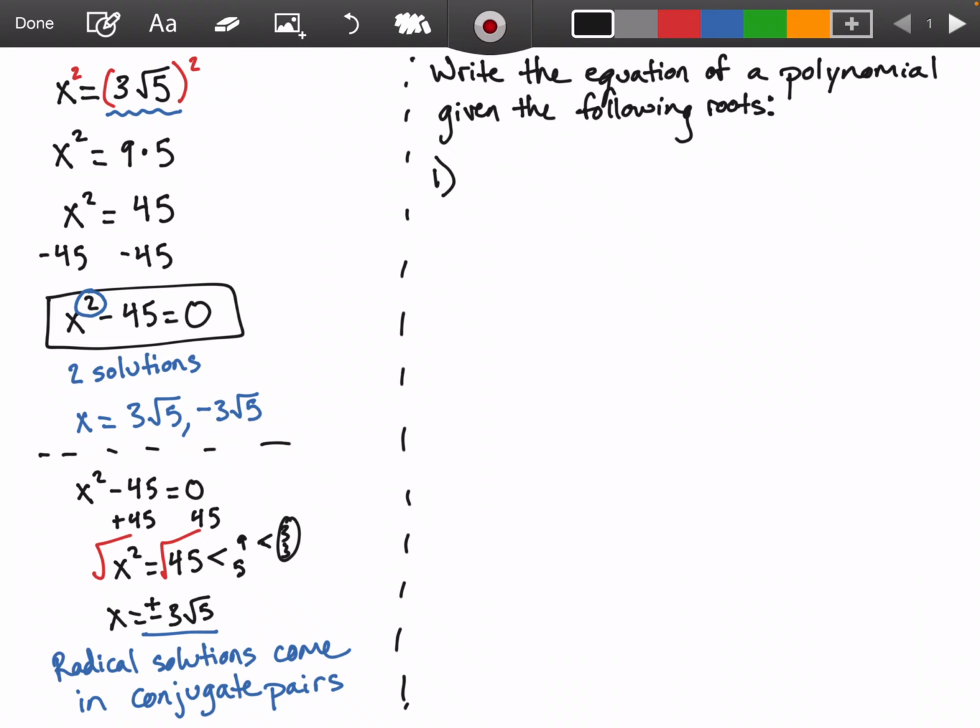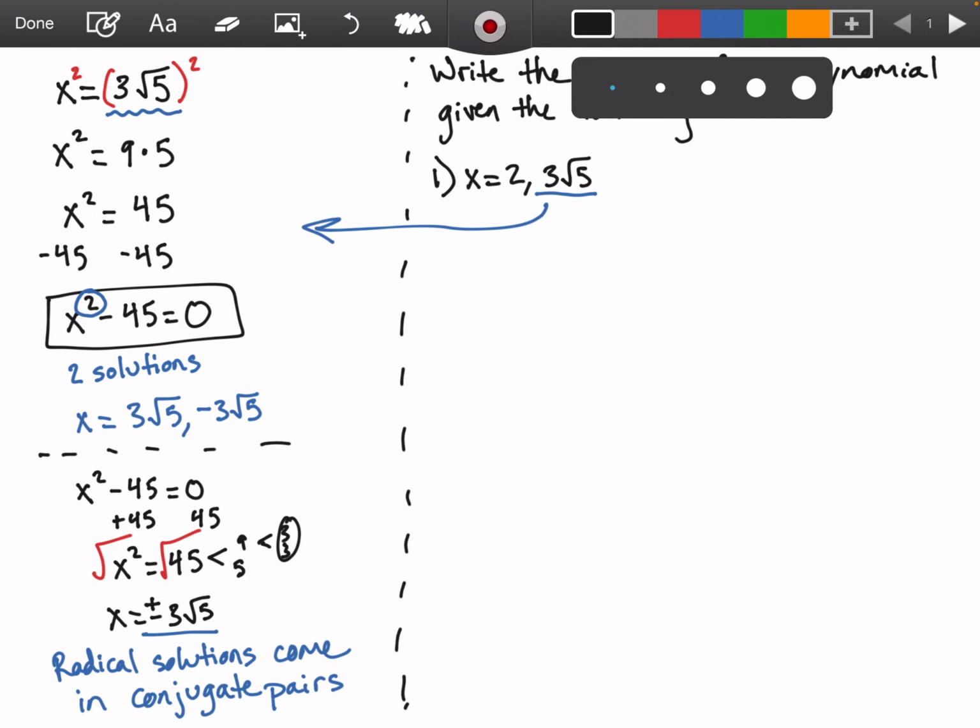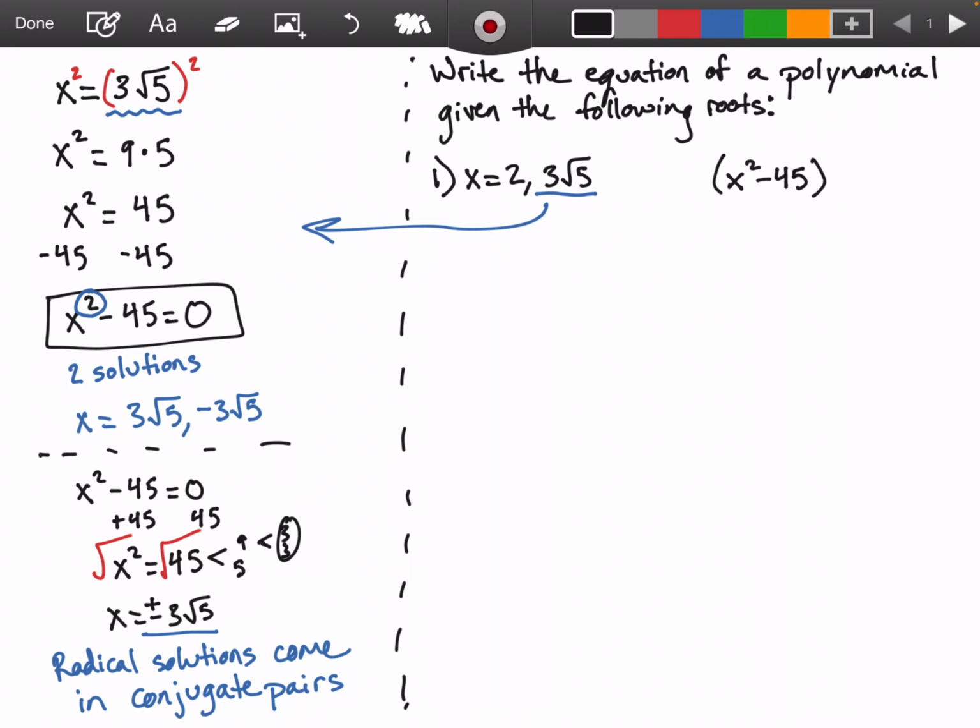So let's start with x equals 2 and 3 square root of 5. Well, I already have the equation for the 3 square root of 5 based on what we just did. I know that this comes from x squared minus 45, which is the equation that piece comes from.